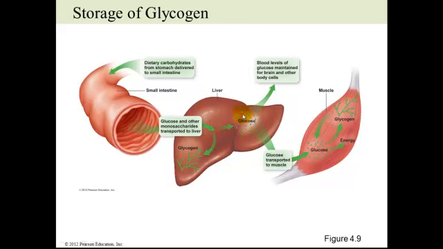That glucose can be transported out to the bloodstream for the brain and body cells, or transported to the muscle for direct use. We also can see if there's excess glucose that's being converted to glycogen here and stored in the liver, or converted to glycogen and stored in the muscle tissue. So this is basically the use pathway and the storage pathway.